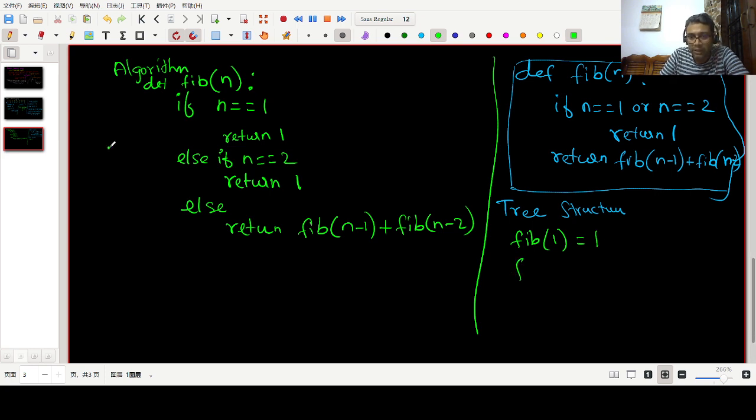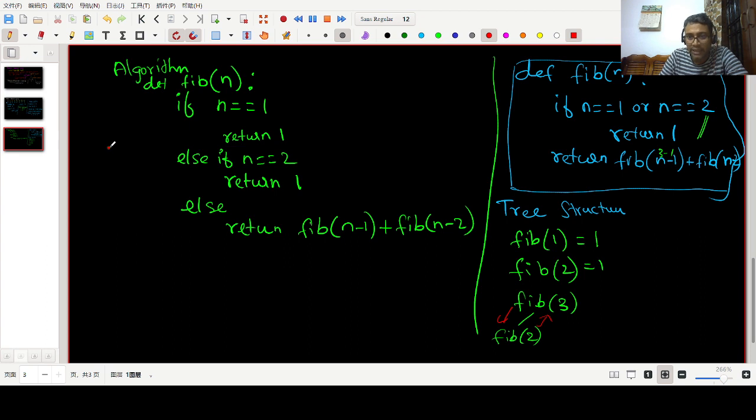Let us pass fib of 2, it returns 1. Now fib of 3. If fib of 3 is called, it doesn't satisfy the base condition. So 3 minus 1, it calls fib of 2. Fib of 2 is returned, it backtracks. It branches out and backtracks.